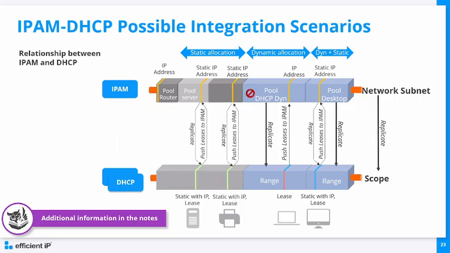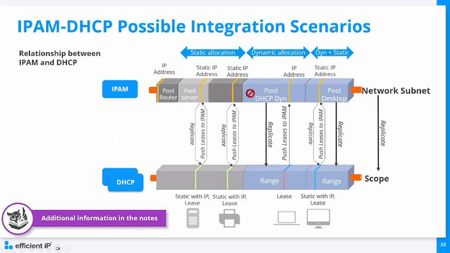You cannot assign a static IP. So an IP address from the range can be dynamically leased to the client, and the lease information will be updated to IPAM, because you replicate from DHCP to IPAM.